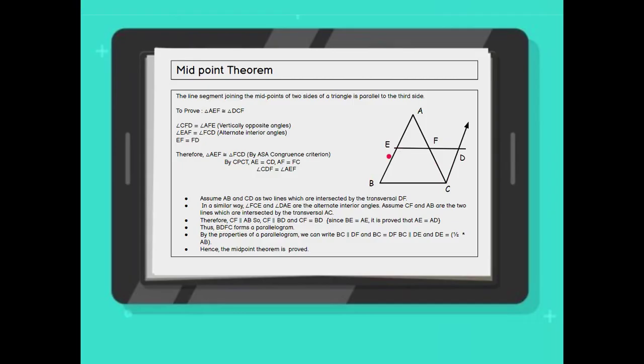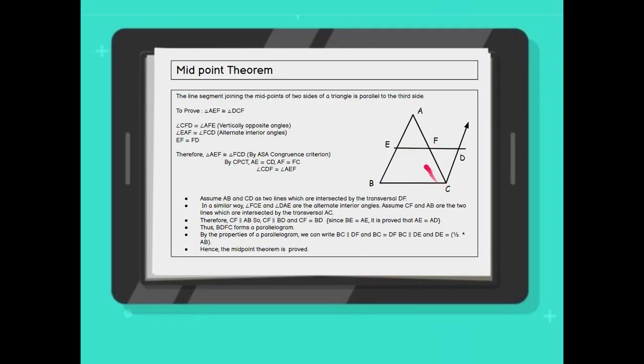And therefore we come to know here that if one pair of opposite sides are equal and parallel, it is a parallelogram. So therefore EDCB or BCDE is a parallelogram, and therefore we can say that BC is equal and parallel to ED, as it is a parallelogram.